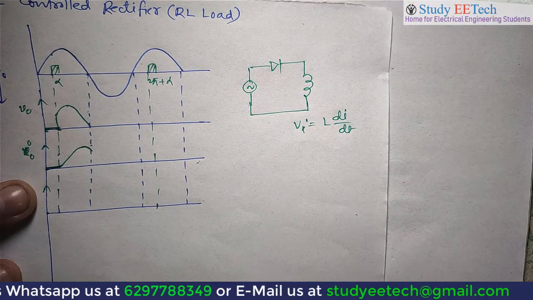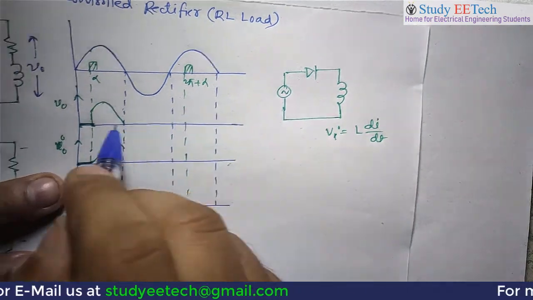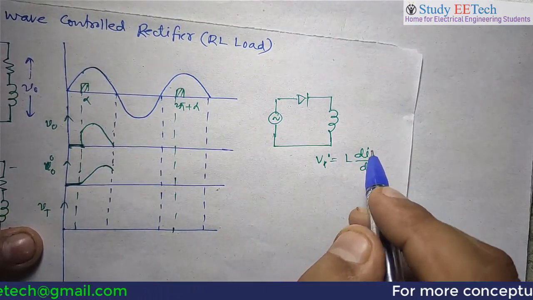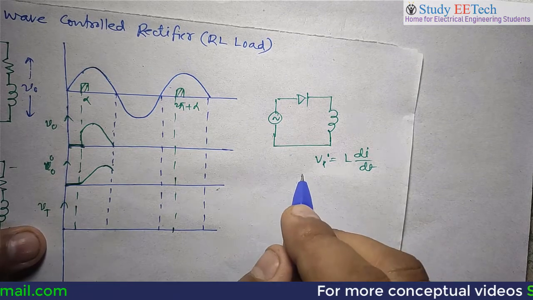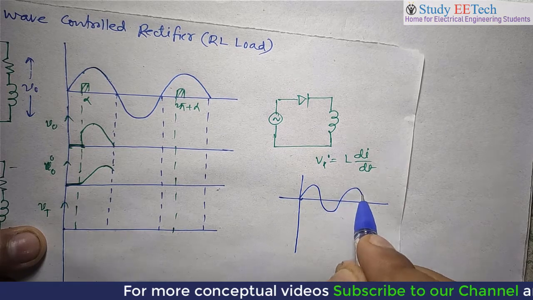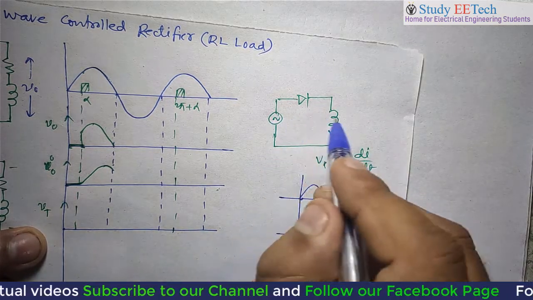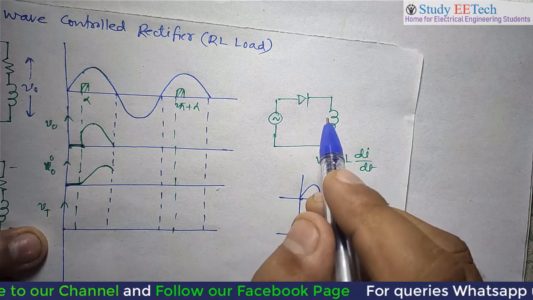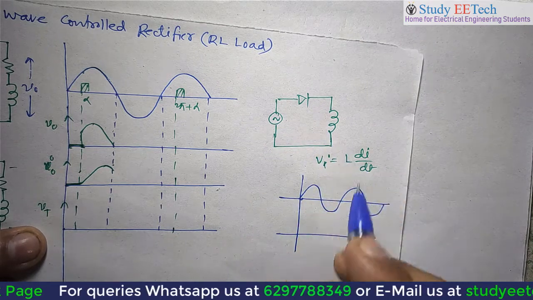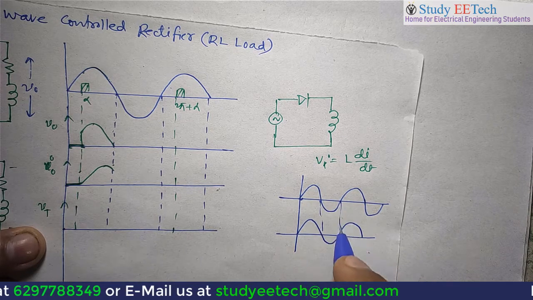So in the positive half cycle, a little bit of drawing is required. This is the input voltage. The output voltage and the input voltage will be the same, because no other resistance is there.